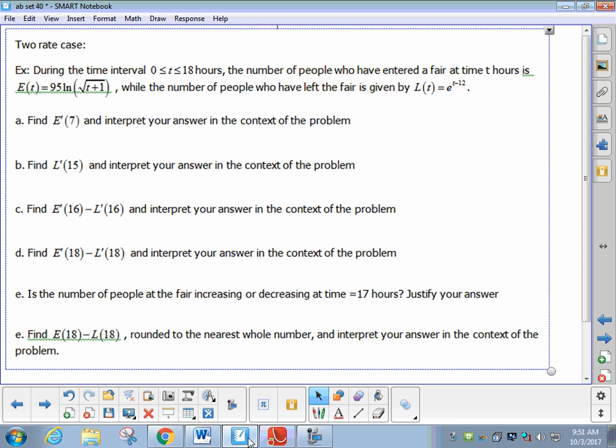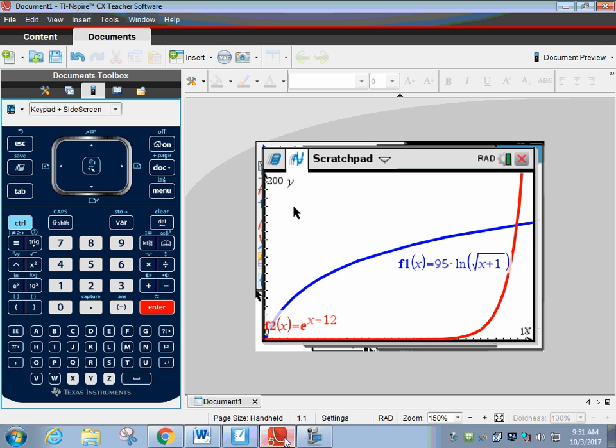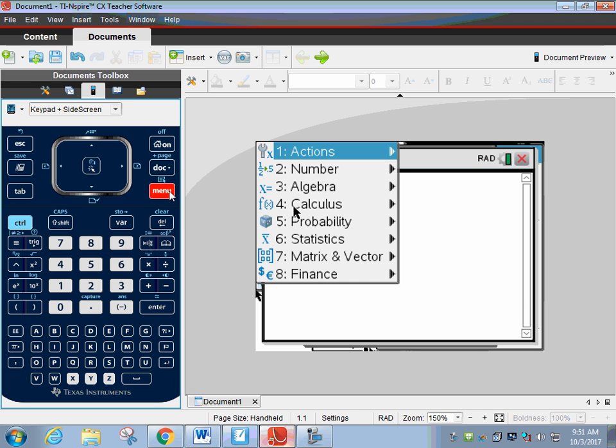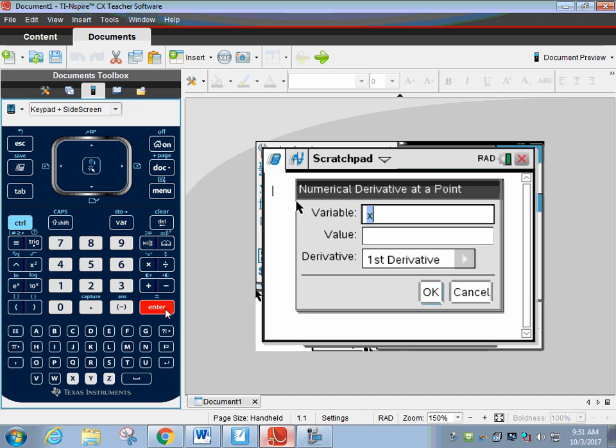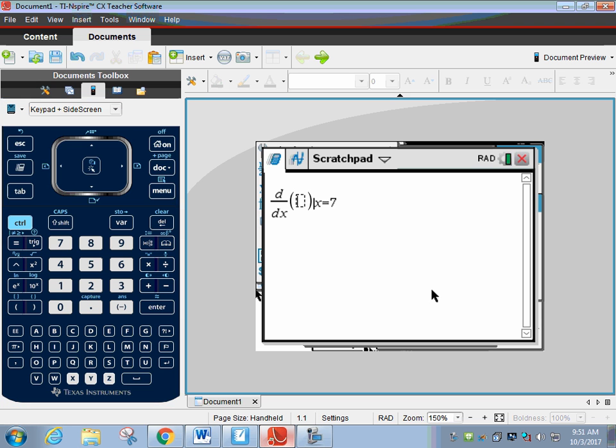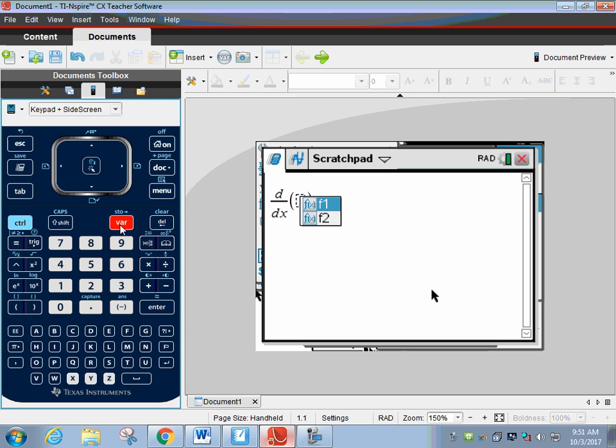E prime at 7 does not require the chain rule because it's a calculator problem. I expect you to use your calculator to evaluate. So would you find E prime at 7? Make sure you remember which function is which in your calculator. It wouldn't be bad to write a note for yourself on your paper.